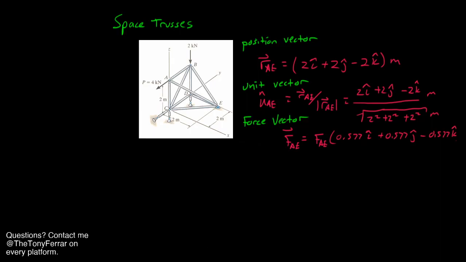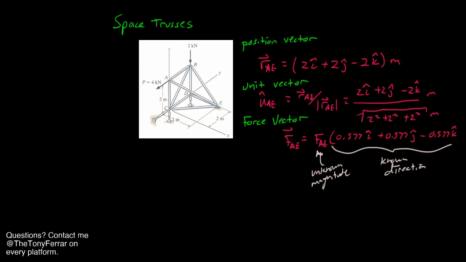Just to clarify here, what we're looking at is an unknown magnitude in that member, but we have a known direction. So that's great because we can break this into components and we can sum forces in each direction.